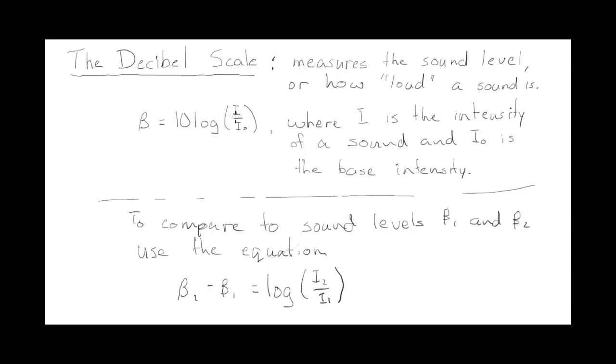So the louder it is, the more intense, or the more vibrations that sound would cause. I naught is the base intensity, so that would be a sound that you can barely hear, right at the threshold of being able to hear it. So if I naught was your I value, you would get a decibel reading of 0. Anything bigger than I naught, you're going to get a decibel reading bigger than 0.